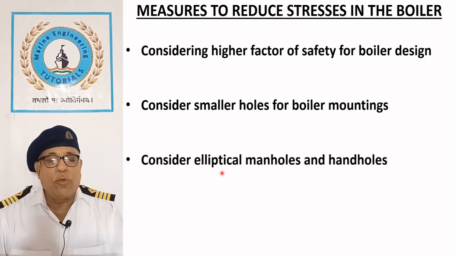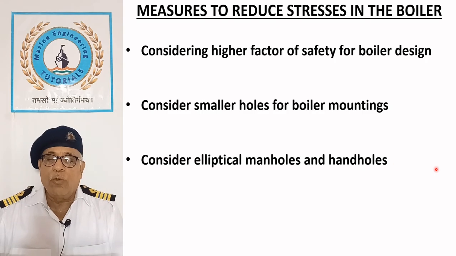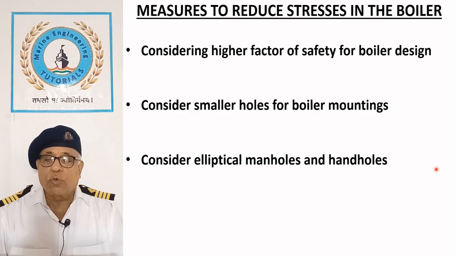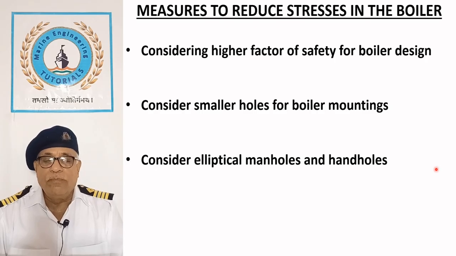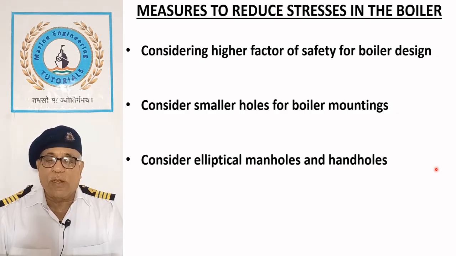Consider elliptical manholes and handholds. Elliptical manholes and handholds are preferred over circular ones as they require less cutting of the material and also provide other advantages. Since circumferential stresses cause rupture along the longitudinal direction, the minor axis of the elliptical cover should be placed longitudinally.